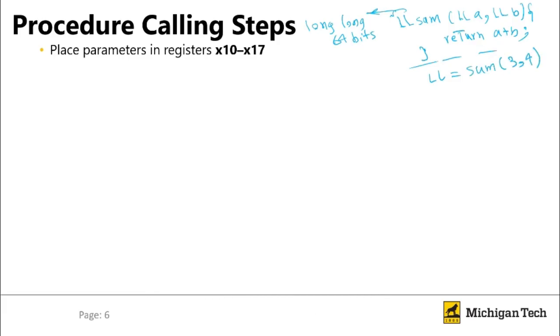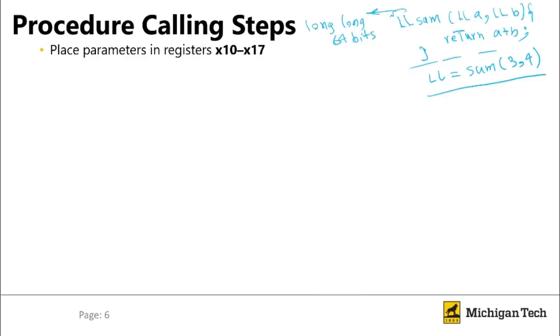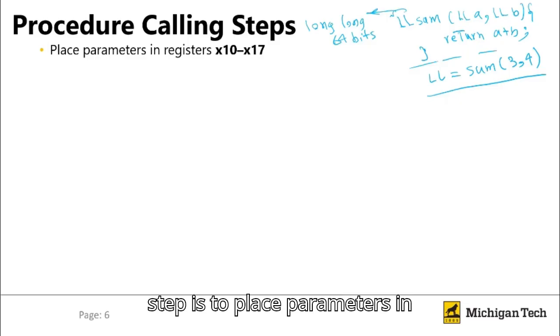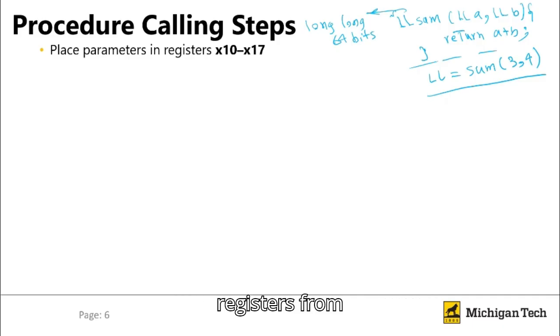Okay, let's see how we can write this using RISC-V. The first step is to place parameters in registers. We have some specific registers from x10 to x17. This set of registers is actually called argument registers.